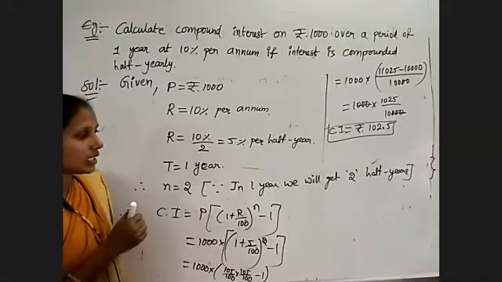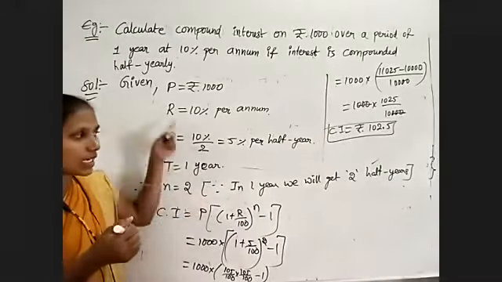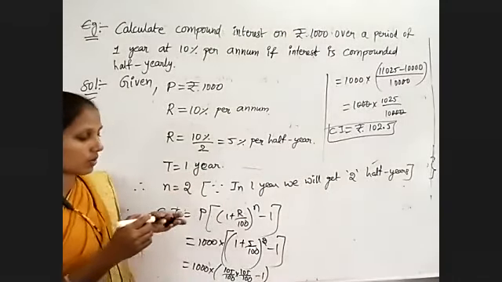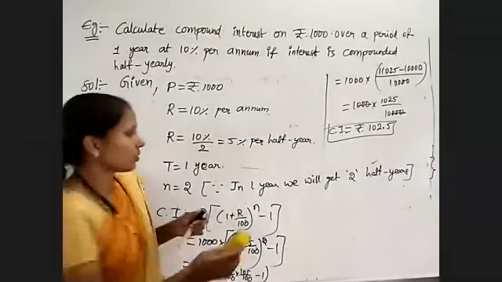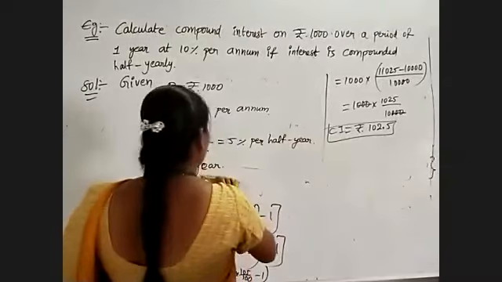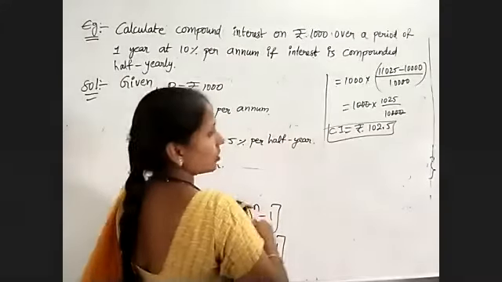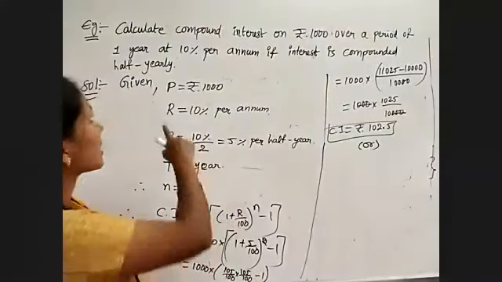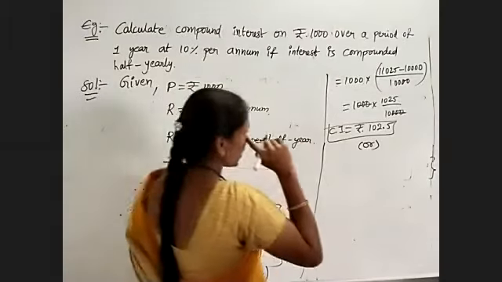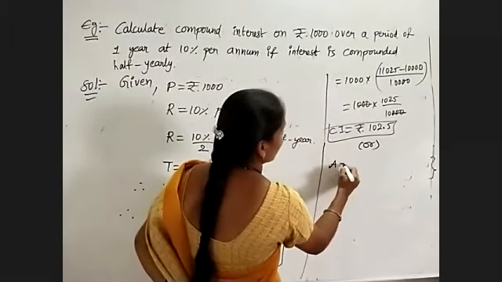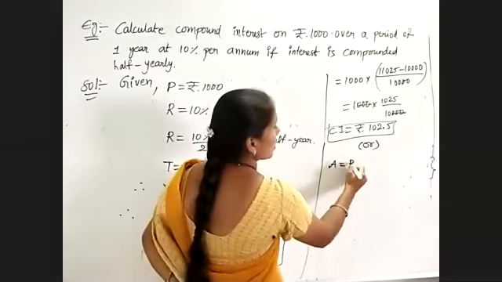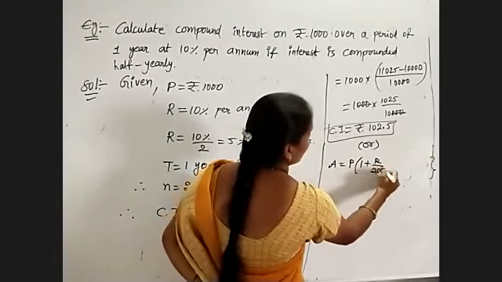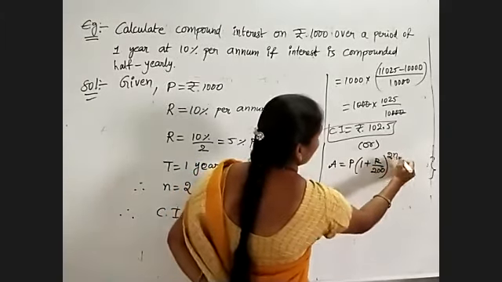Okay, instead of all these calculations, whatever values they give, I can do it in another method also. Just observe this problem. Here I am using another method to simplify the same question. Because it is given half yearly, I am using the formula amount is equal to principal into 1 plus R by 200, whole to the power of 2 into n.